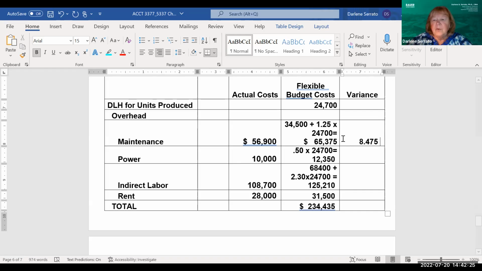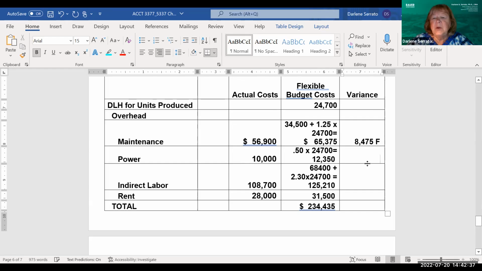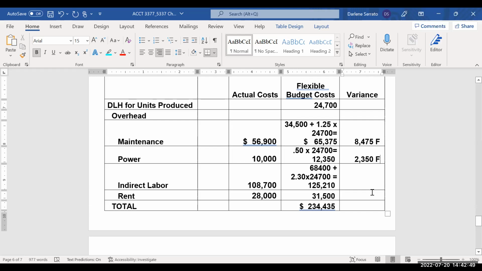Favorable or unfavorable? Favorable, right? Favorable. 10,000 minus 12,350. 2,350. Favorable. Favorable.